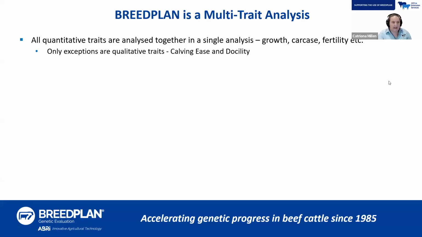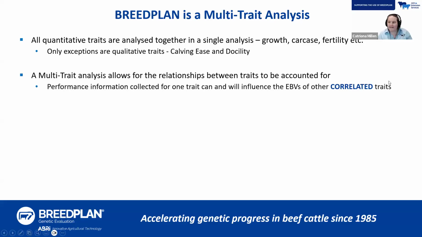An advantage of that multi-trait analysis is that it allows for the relationships between different traits to be accounted for, and we know that there are relationships between traits. Traits are correlated together. They'll be correlated together positively or negatively, so as one goes up, one goes down. There are relationships there.